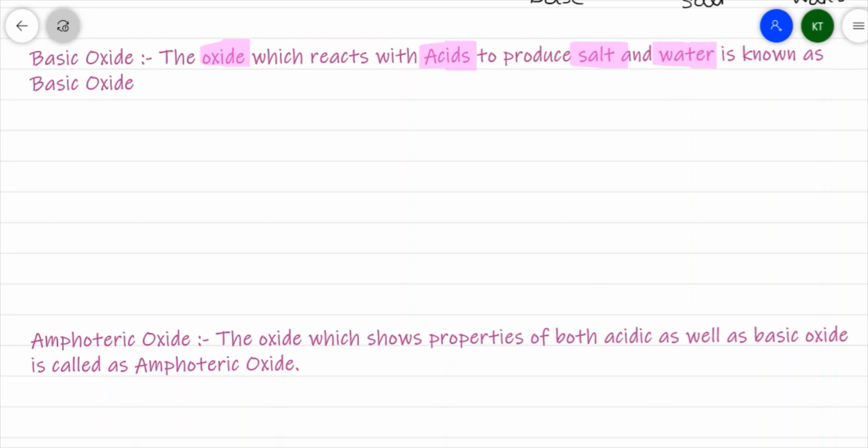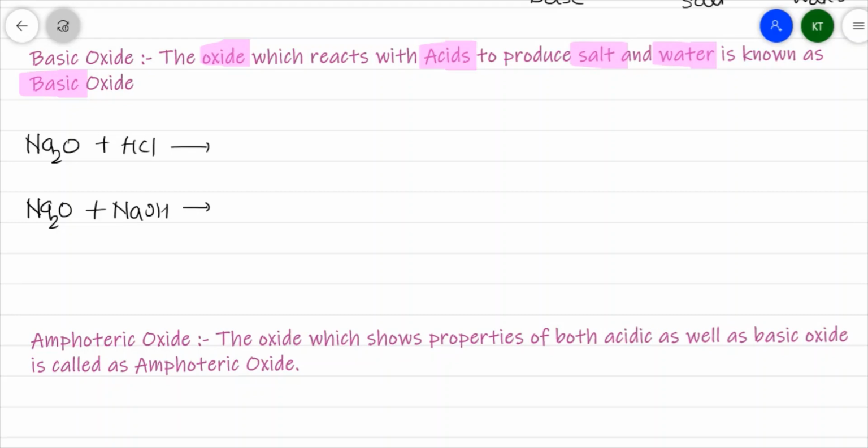Let us take an example of this category. I have sodium oxide. I'll take it in two different containers, and in one I react it with HCl, in another I react it with NaOH. Where I get salt and water formation, that will be its nature.